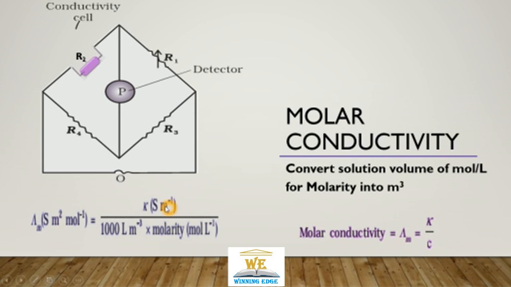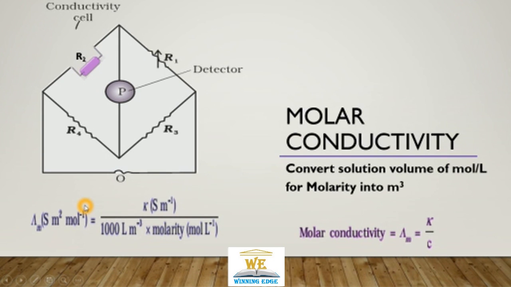The conductivity is in Siemens per meter, and we know 1000 liters per meter cube. So in this way, we convert it into moles per meter cube by multiplying by 1000.